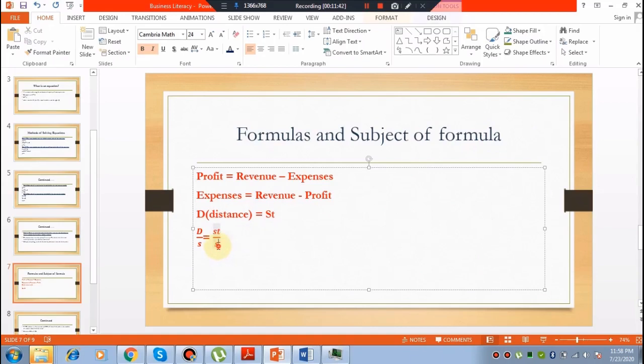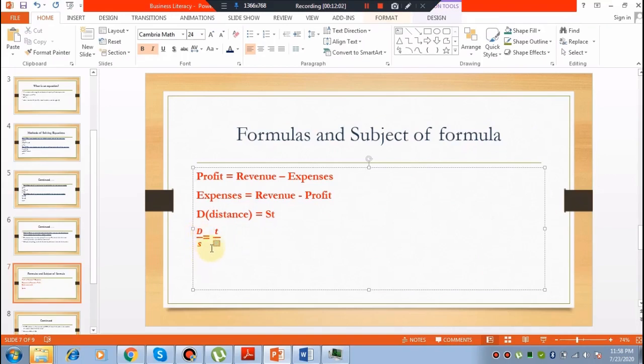So this will cancel out each other. So we have something like that. There you have it, guys. Time is equal to what? Distance over speed. Time is equal to distance over speed.